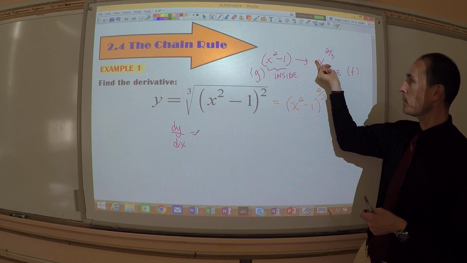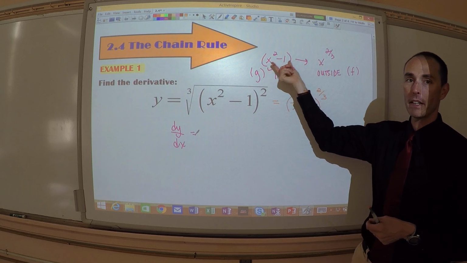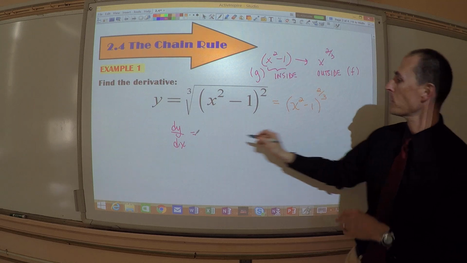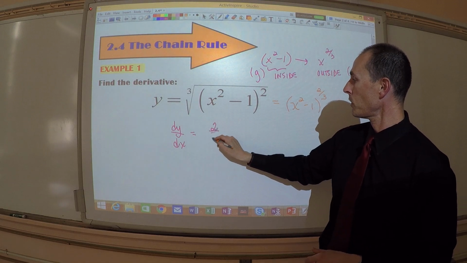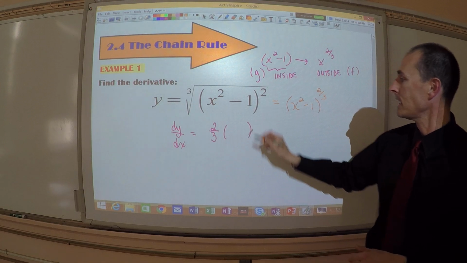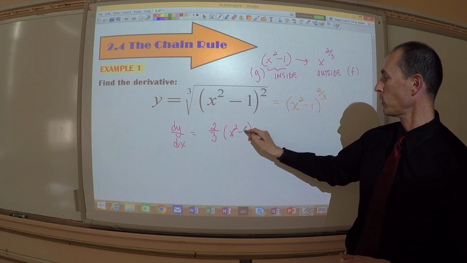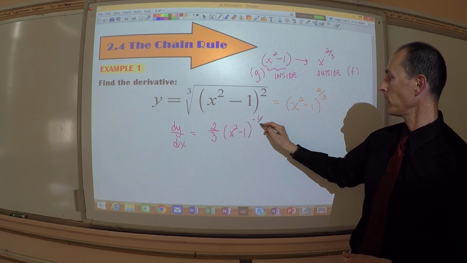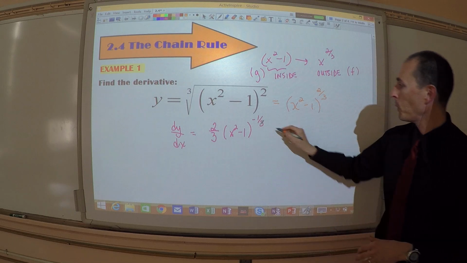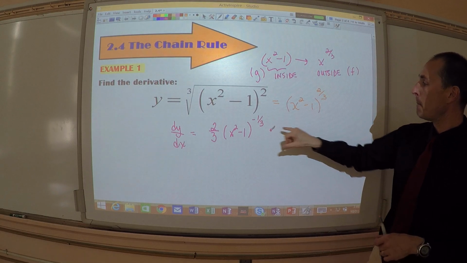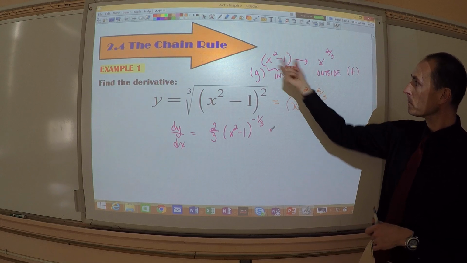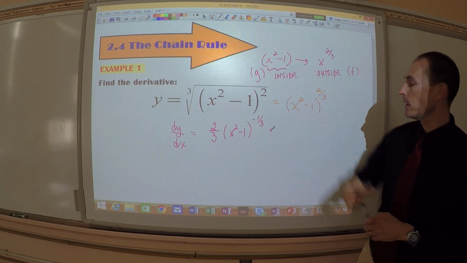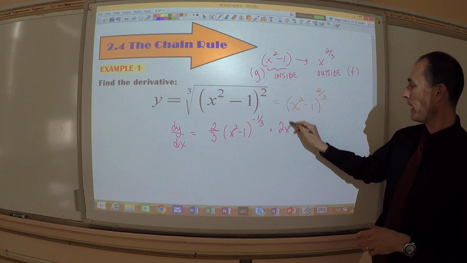What was taking the place of x is x squared minus 1. So the first step of the chain rule would be to bring the 2/3 down, rewrite the inside piece, x squared minus 1, and then the new power. But that's only half the story. We then have to multiply that by the derivative of x squared minus 1. So that would be 2x.